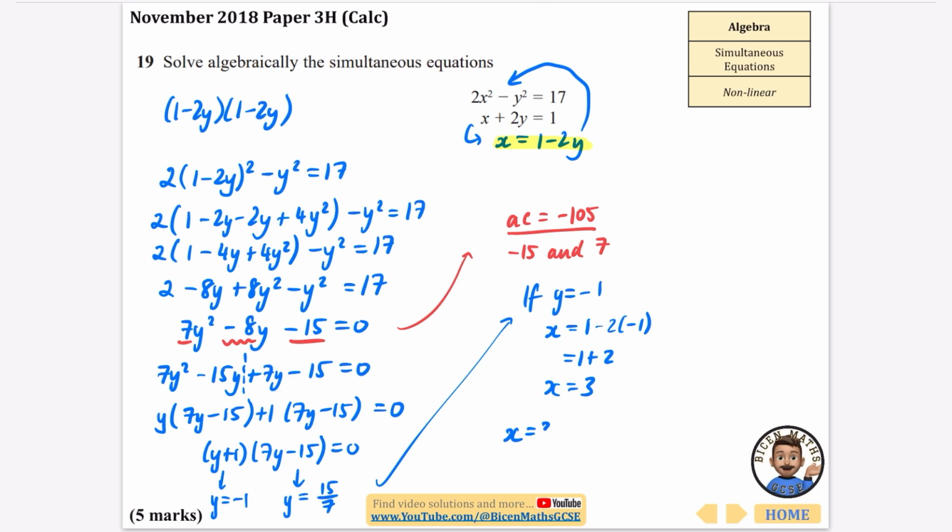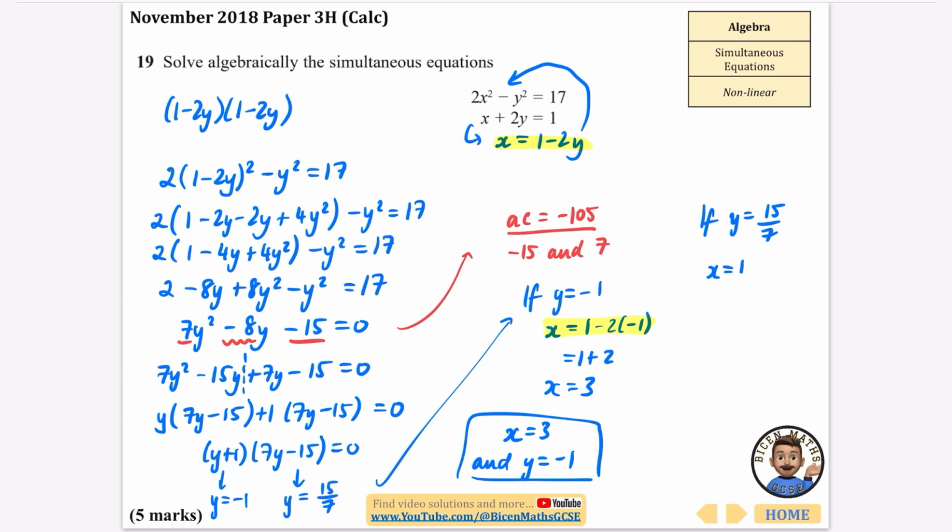So one of ours is x is 3 and y is minus 1. I've just put them in the order of the alphabet. Now I'm going to say if y is equal to 15 over 7, and this was the thing I was going to say, that's coming from this bit. Now I'm going to do again this yellow line here.